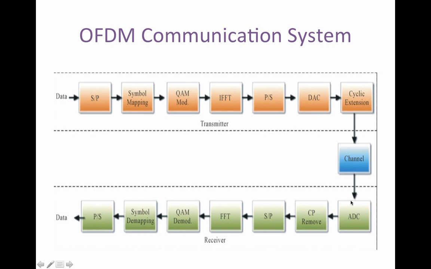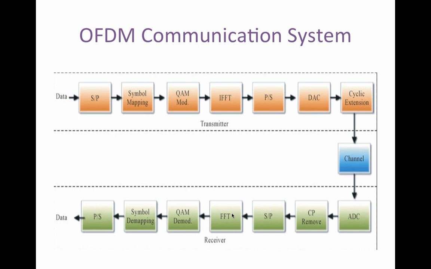On the receiver side, all the steps that we did in the blocks of the transmitter side are done in the opposite order. First the signal goes through the analog to digital converter where it is digitally converted, and the cyclic prefix is removed. Then it passes to the serial to parallel converter and then the FFT.